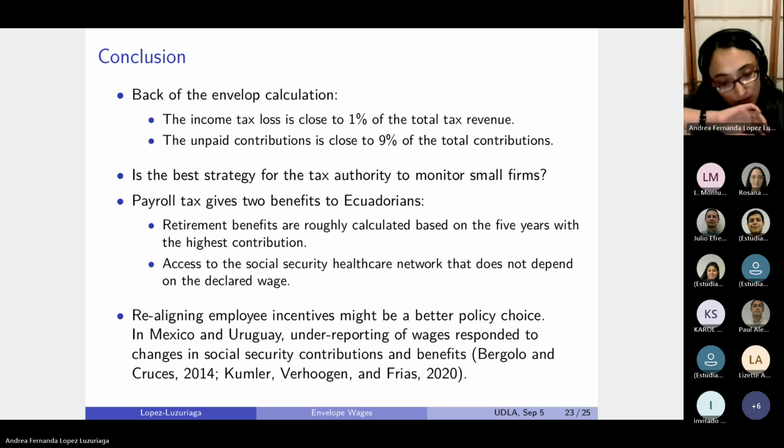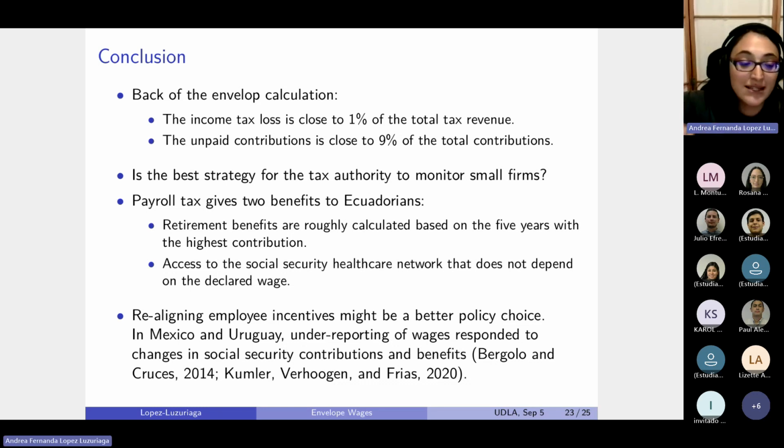Suddenly, from one year to the next, the average wage of small firms and of young taxpayers increased dramatically. So that may tell you that something similar to what we are finding in Ecuador is happening in other places in the region.